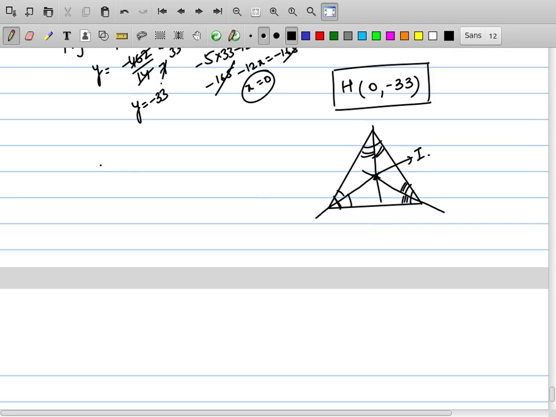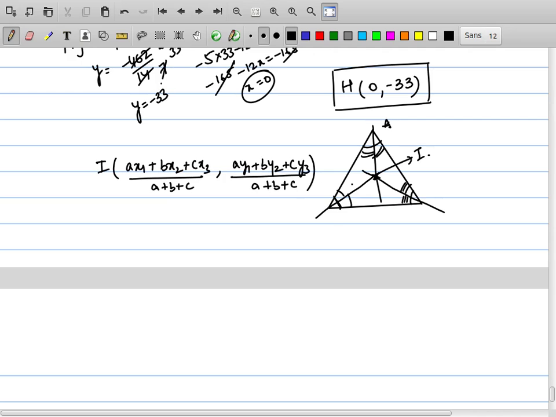Now the formula for finding the incenter is straightforward: (a x1 plus b x2 plus c x3) upon (a plus b plus c). Similarly, the y-coordinate is (a y1 plus b y2 plus c y3) upon (a plus b plus c). Now what are a, b, c?